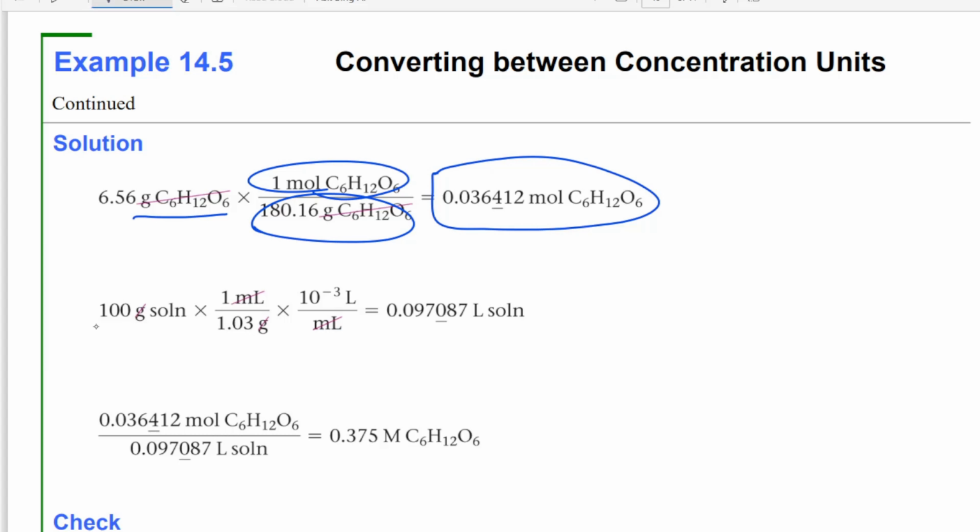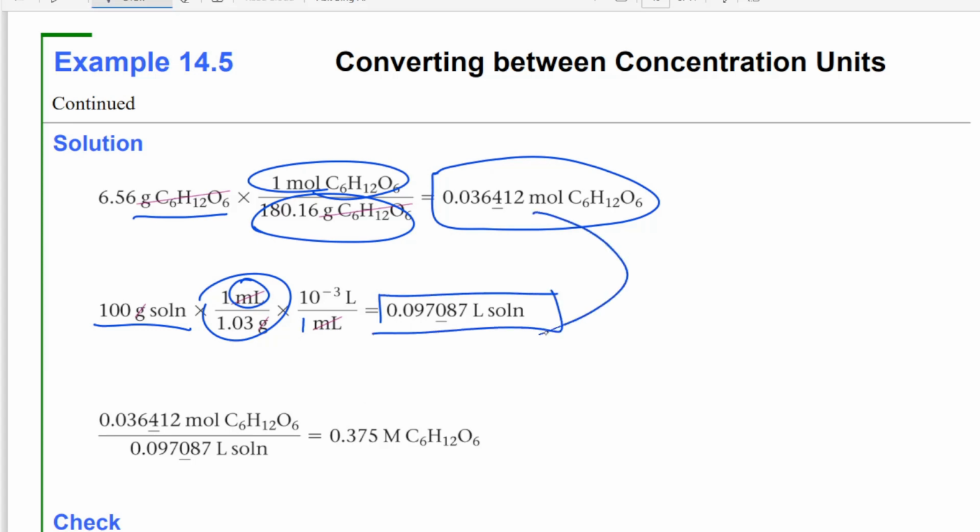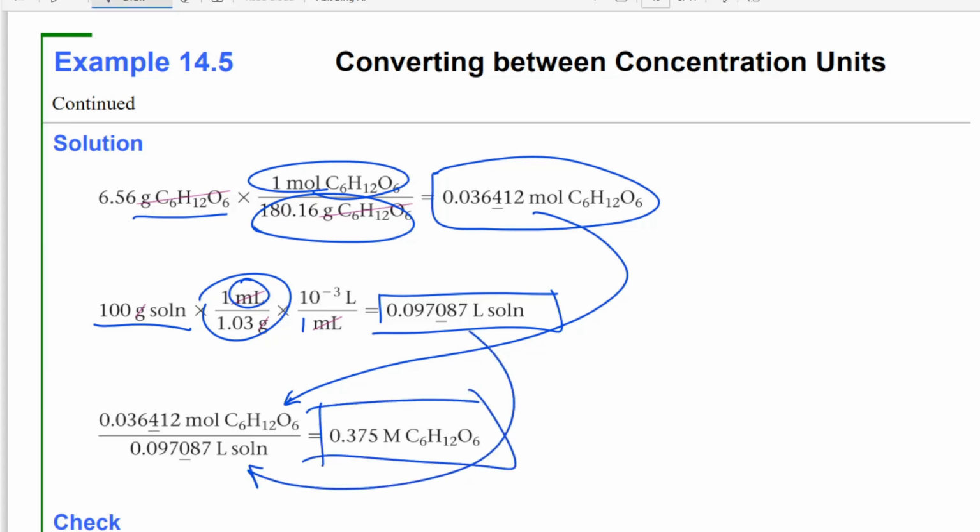Then we convert 100 grams of solution with the density to milliliters, and then we use 10 to the minus third liters is 1 milliliter to convert to liters of solution. Then we put the moles of solute on the top, the liters of solution on the bottom, and we have 0.375 molar glucose solution.